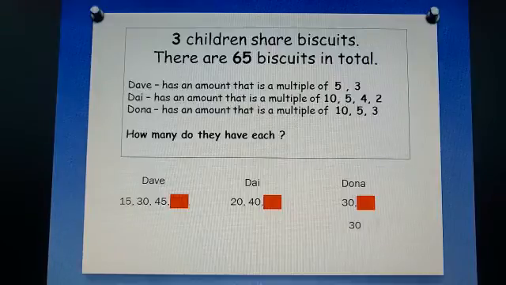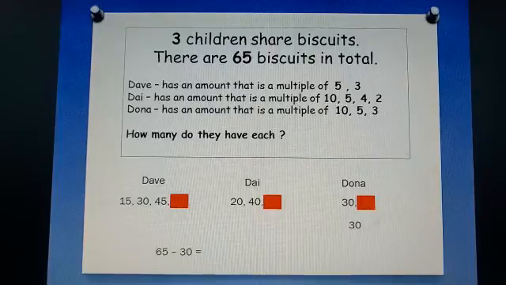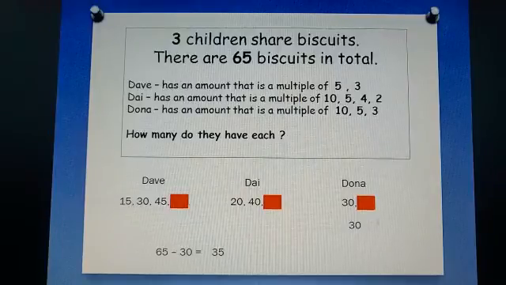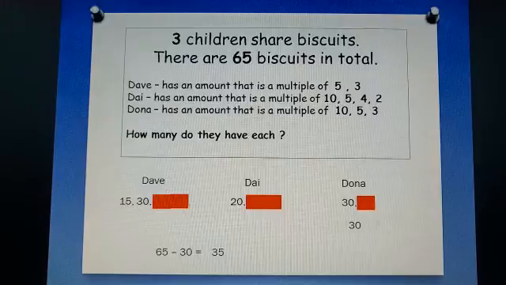So if we know Donna has 30, how many biscuits are left to share between Dave and Di? It's 65 take away 30, which is 35. So the sum of both numbers needs to total 35, and we can get rid of any numbers that are bigger than 35. Again, straight away, we can see that Di has 20.